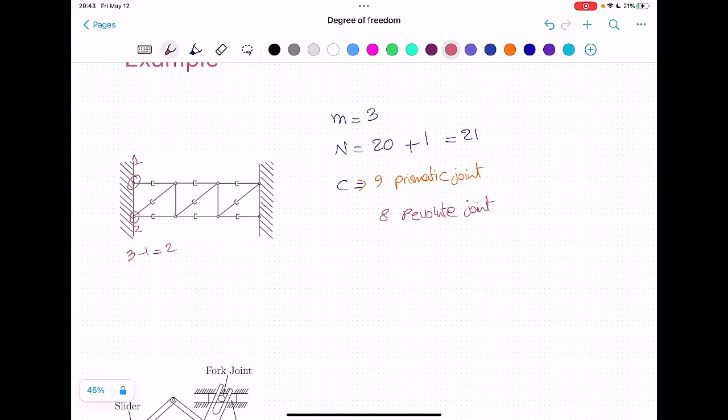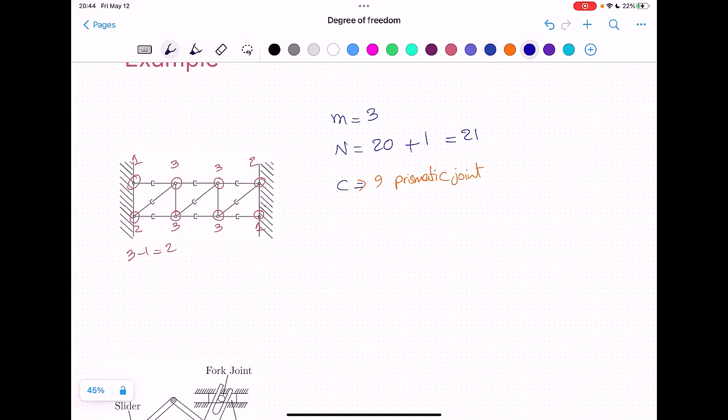Here we have 4 links, which give us 3 revolute joints. Here we have 3 revolute joints, 3, 3, and here we have 1 revolute joint, but here we have 2 revolute joints. So as I told you, we don't have 8 revolute joints.